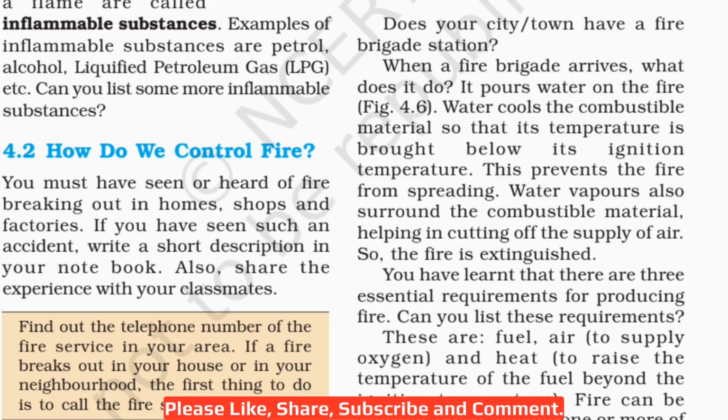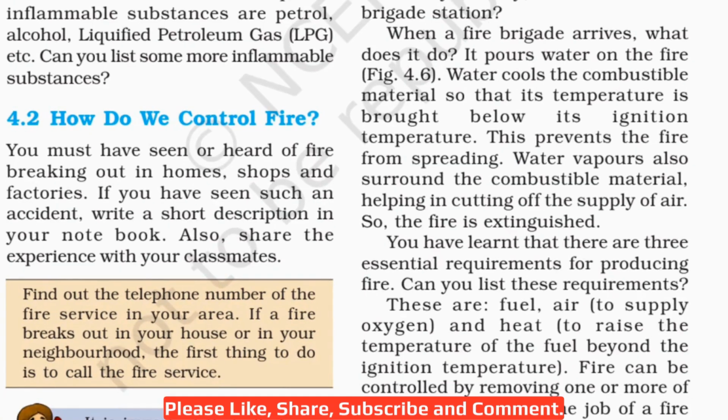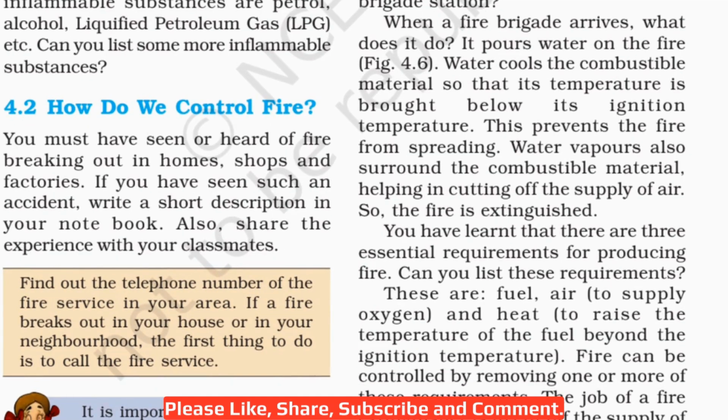Water vapors surround the whole area like a blanket, and that cuts the supply of oxygen and the fire also gets extinguished. So water vapors surround the combustible material and help in cutting off the supply of air, so the fire is extinguished.